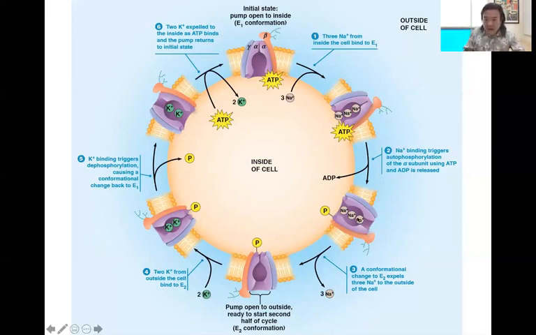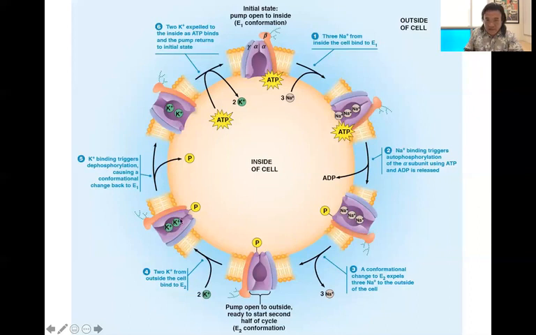And these sodium ions then naturally, because there are water molecules here, the water molecules surround the sodium ions, just like dissolving table salt in water, and they carry the sodium ions out to the outside. So when this happens, the new shape shown here is the right shape for the potassium to be loaded in.